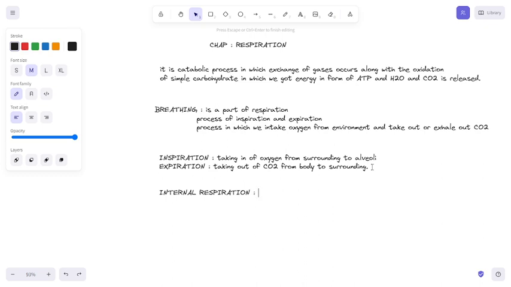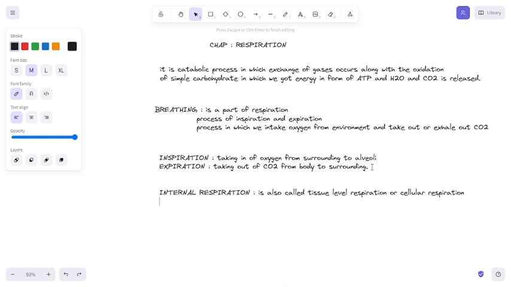Internal respiration is also called tissue level respiration, or cellular respiration.